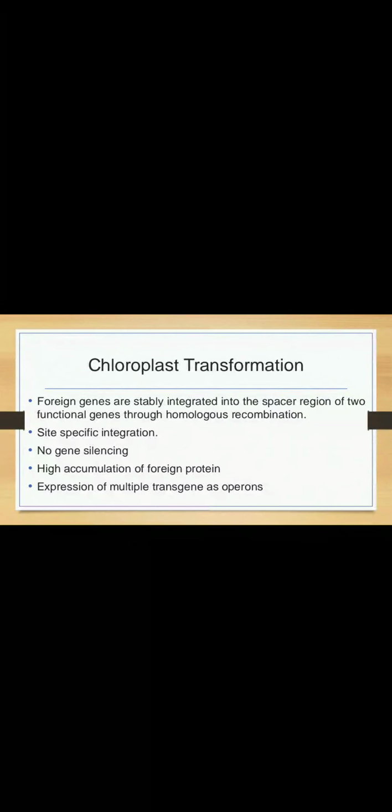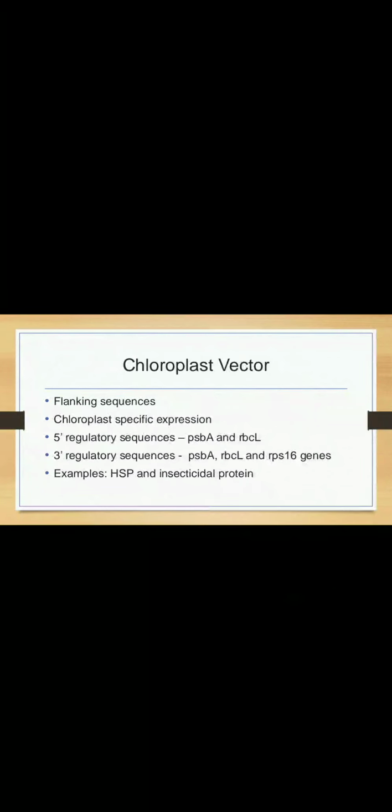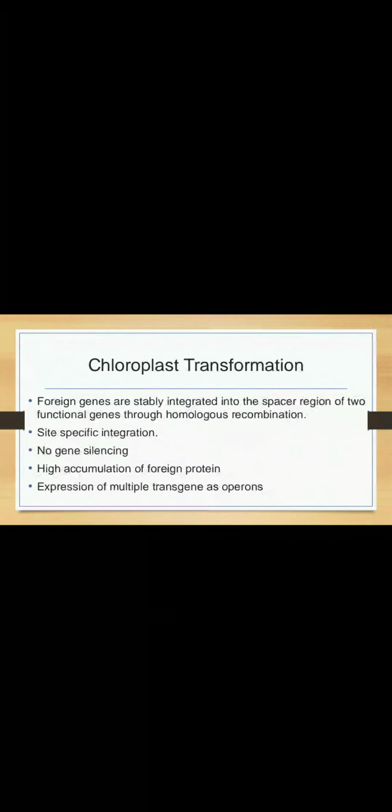The foreign proteins which are synthesized in the chloroplast have the ability to fold properly. Whenever a protein is formed, it should be folded in a proper way so that its activity is achieved. When there is no proper folding, then that protein is lost.